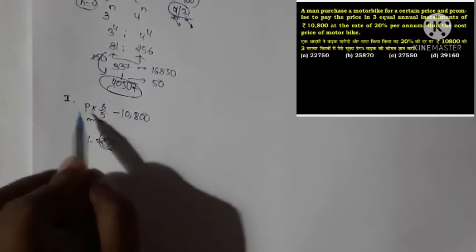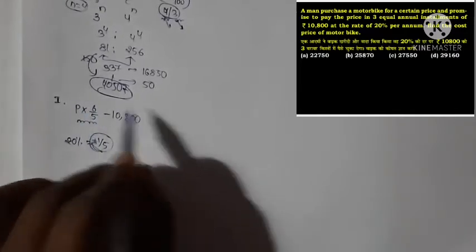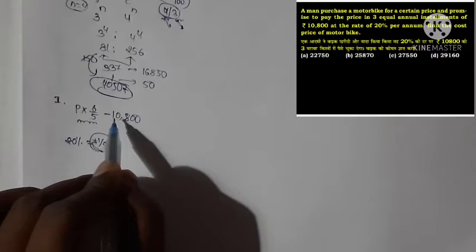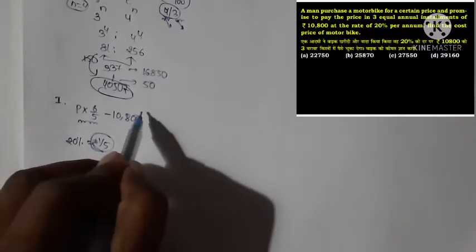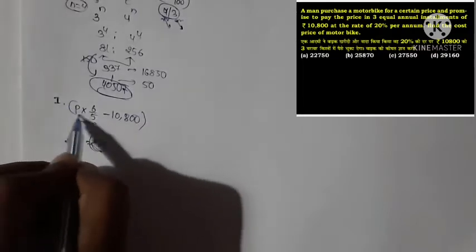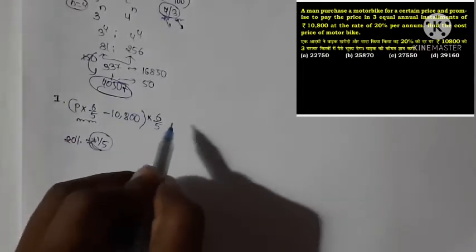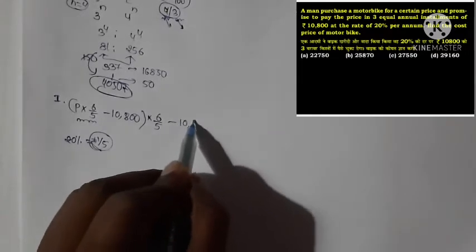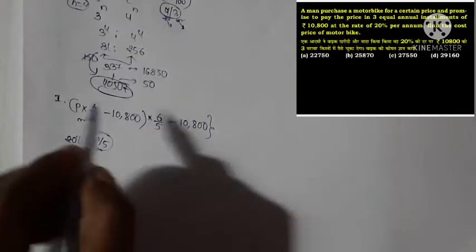So this is the first year. After the first year, the amount is P into 6 by 5 minus 10,800. So once again, for the second year, the rate of interest is 6 by 5 and pay the installment of 10,800. This is the second year.